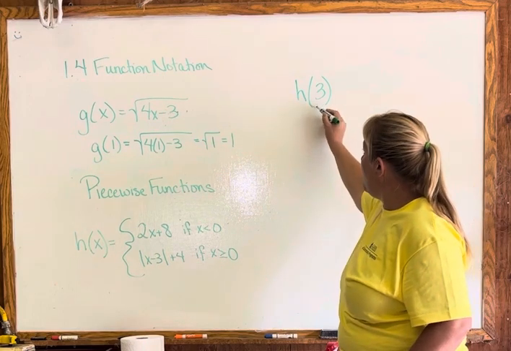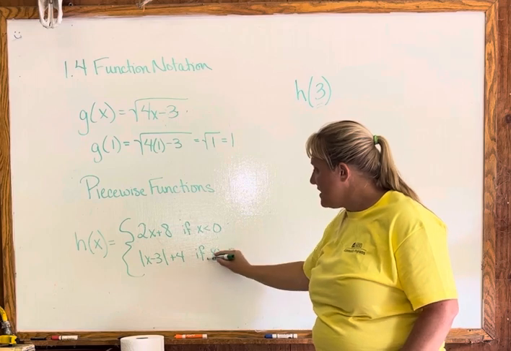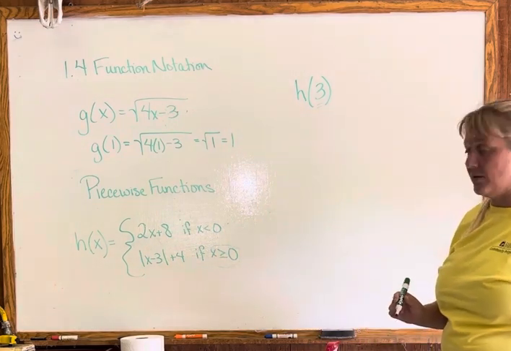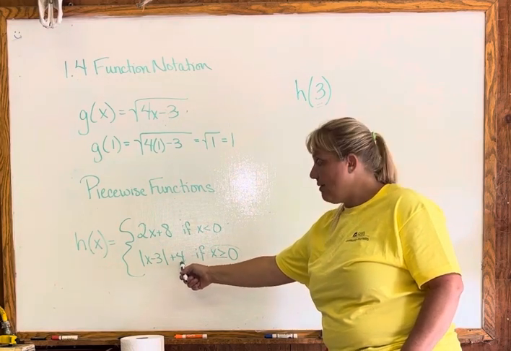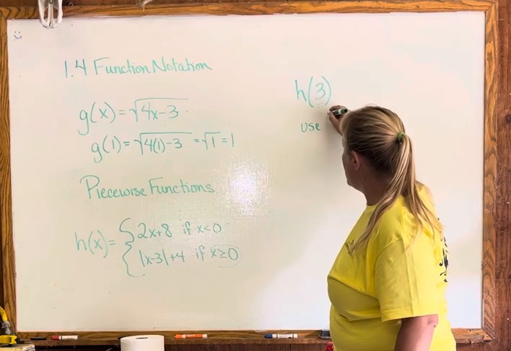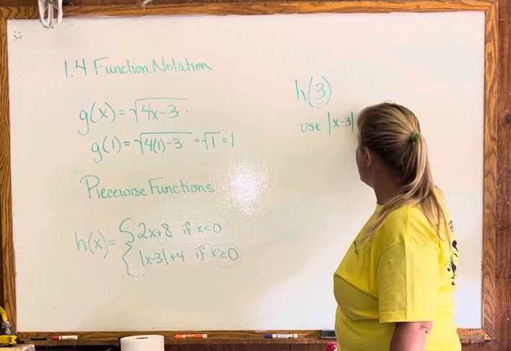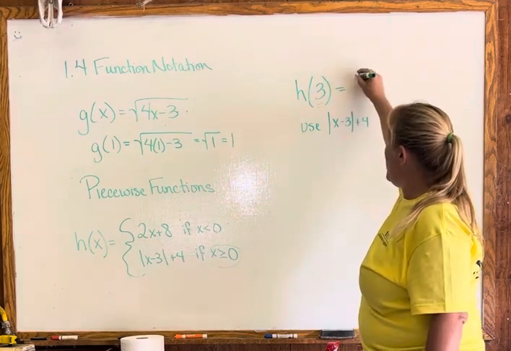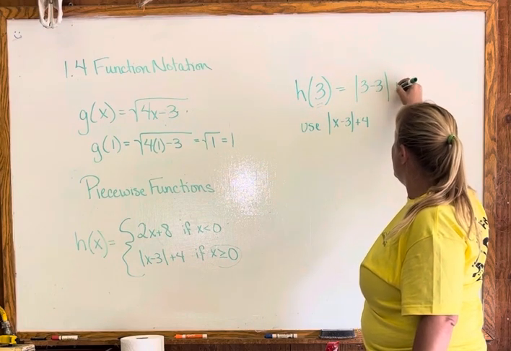So we have to focus on the number 3 here, and notice that that's in this area, isn't it? X is greater than or equal to 0, which means that we're going to use this part of the equation. So we're going to use the absolute value of x minus 3 plus 4. So we're going to plug in 3 in there, absolute value of 3 minus 3 plus 4.